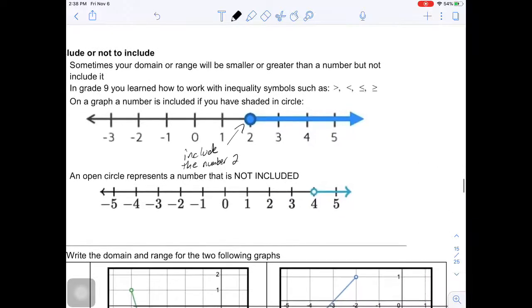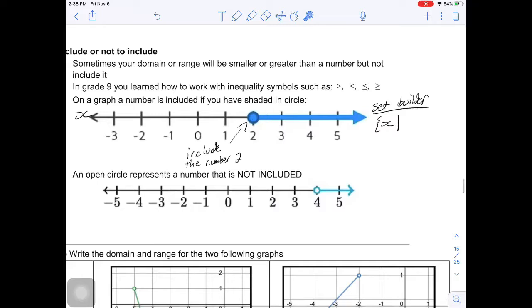So if we were to describe this using set builder notation, we would have to say, well, this set here, let's call these numbers X. So let's say this represents the X line here. What numbers do we include? Well, X is such that X, here we see it shaded in on 2.